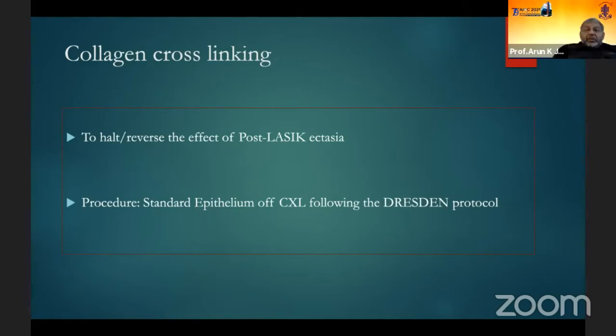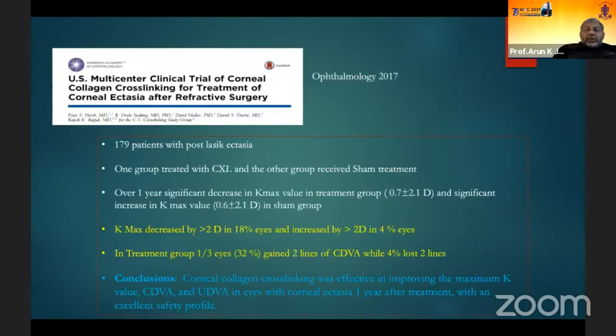And this is one of the largest studies published on cross-linking in post-LASIK eyes. This recent study, published in 2017 by Peter Hirsch et al., included almost 179 patients with post-LASIK ectasia and divided them into two groups: the CXL group, which followed the standard Dresden protocol, and the other group, which didn't get any treatment at all.